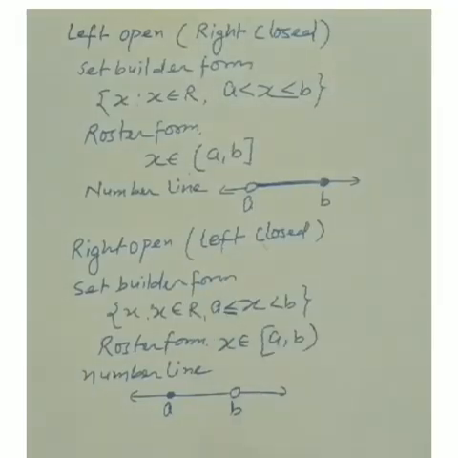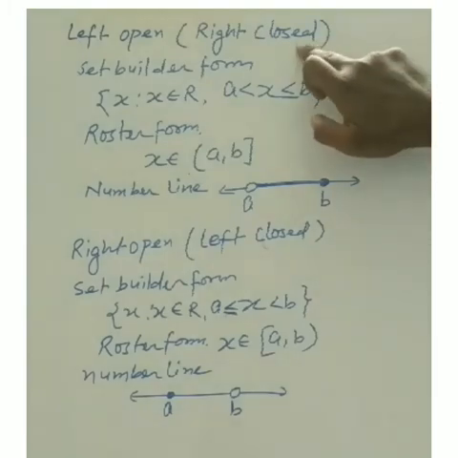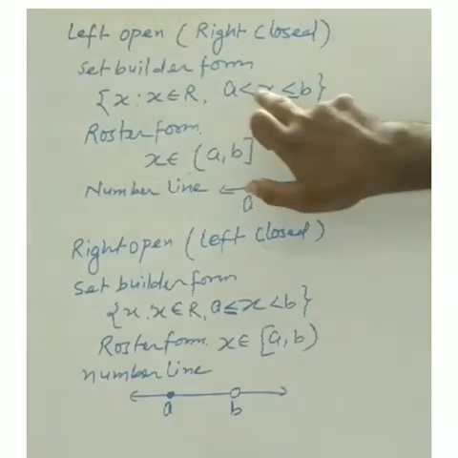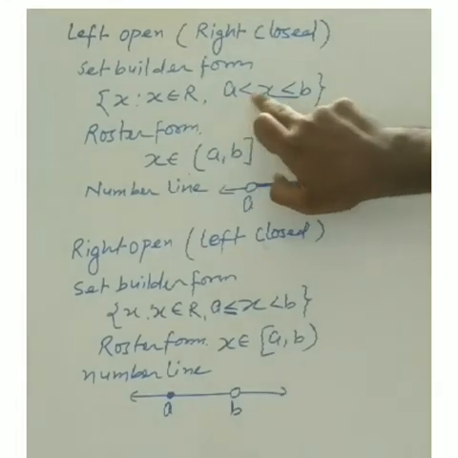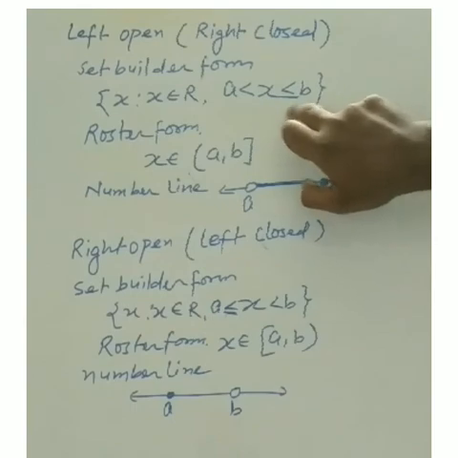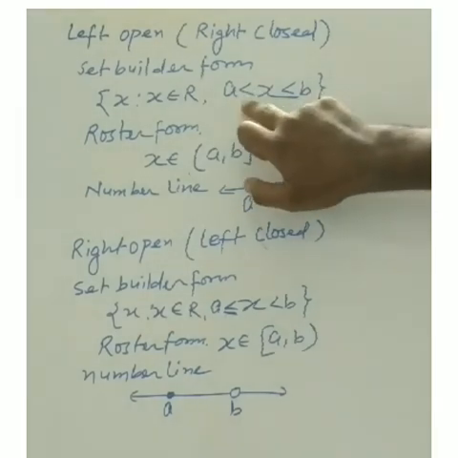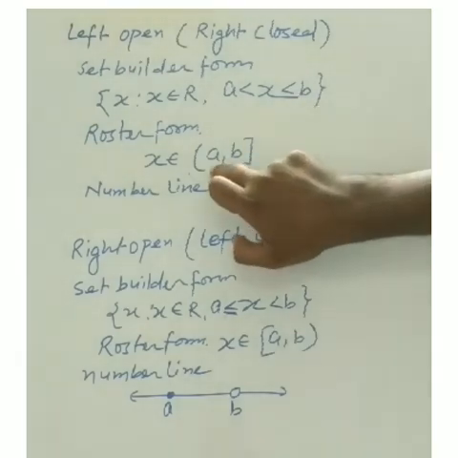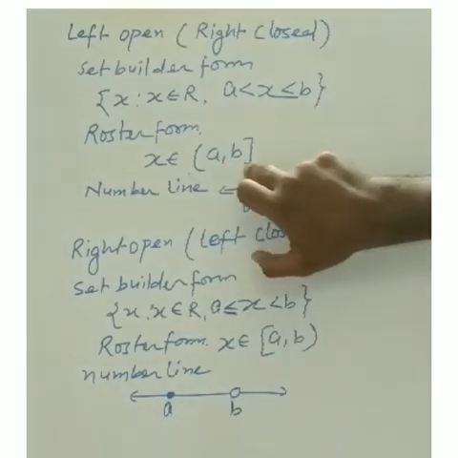Here is the left open interval. A left open interval is always right closed. The set builder form is x where x belongs to R, x is greater than a but less than or equal to b. It is open from the left side and closed from the right side.